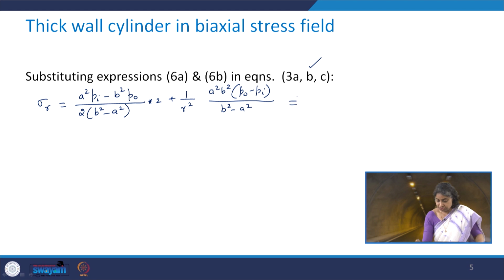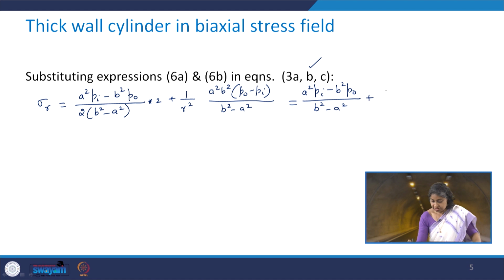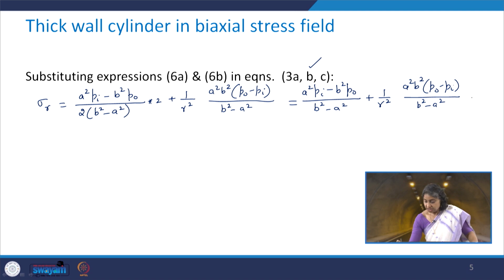So sigma r is a square p i minus b square p naught divided by b square minus a square, plus 1 upon r square a square b square p naught minus p i divided by b square minus a square. This equation will be 7a.